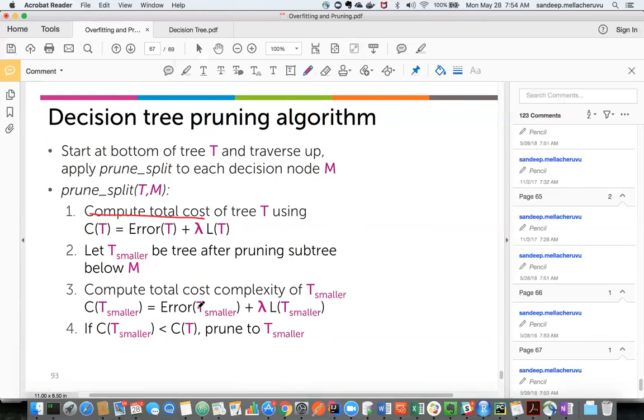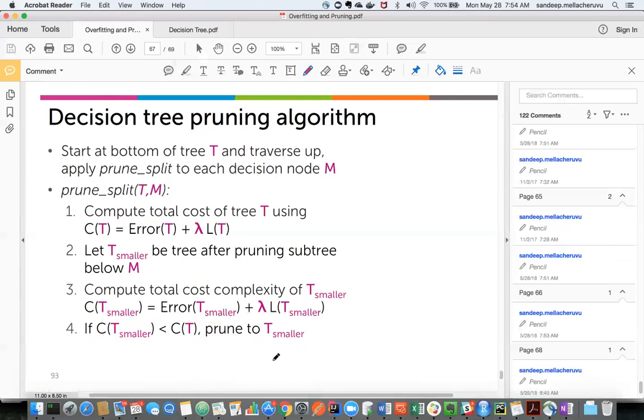Now compute the total complexity of the tree T smaller, which is nothing but cost of T smaller as error plus lambda times the number of leaf nodes of the smaller tree. If the cost of the smaller tree is less than the cost of the original tree, then prune the tree to T smaller. The same thing, he has just given a mathematical notation.